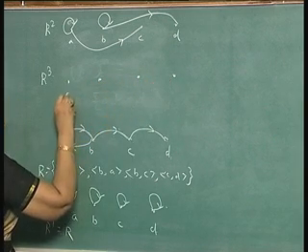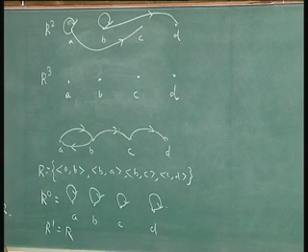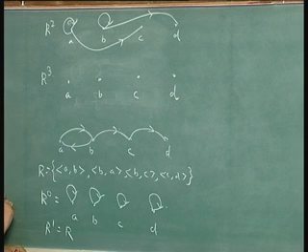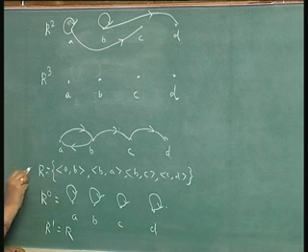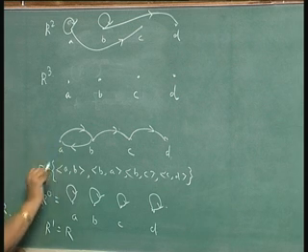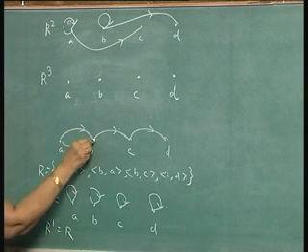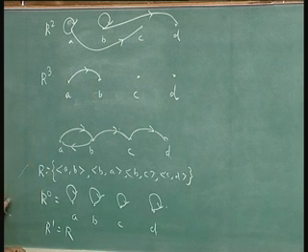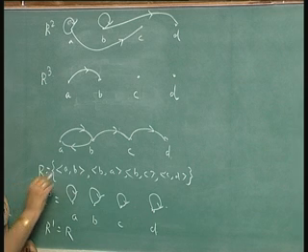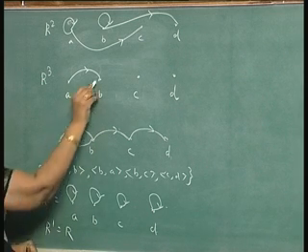So, what is R cubed? If you write like this, a path of length 3 will be replaced by a single arc. So, R cube will consist of an arc representing a path of length 3 in R. R is this. So, A to B, B to A to B. There is a path of length 3 here. So, it is like this. Then B to A to B, B to A, there is a path of length 3.